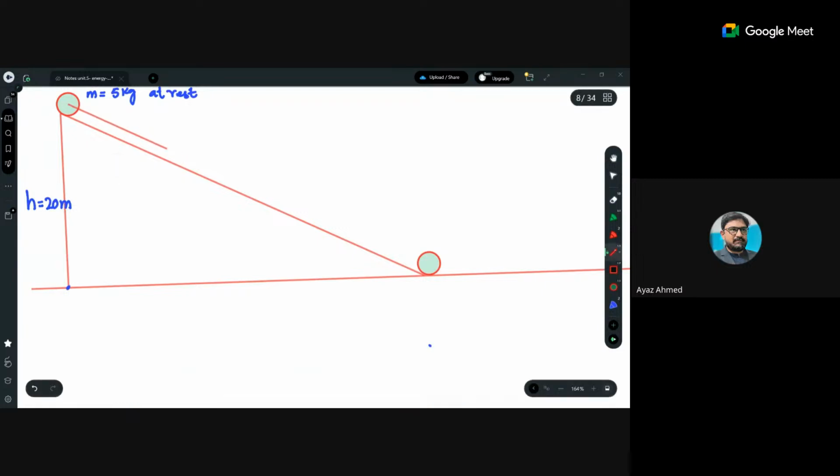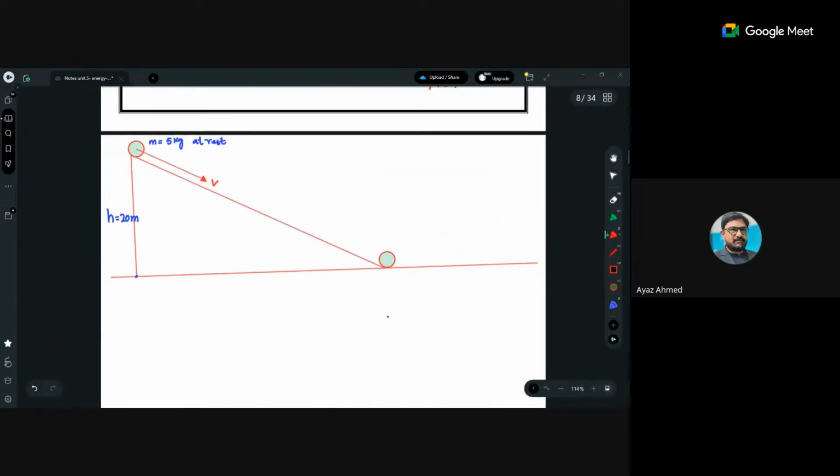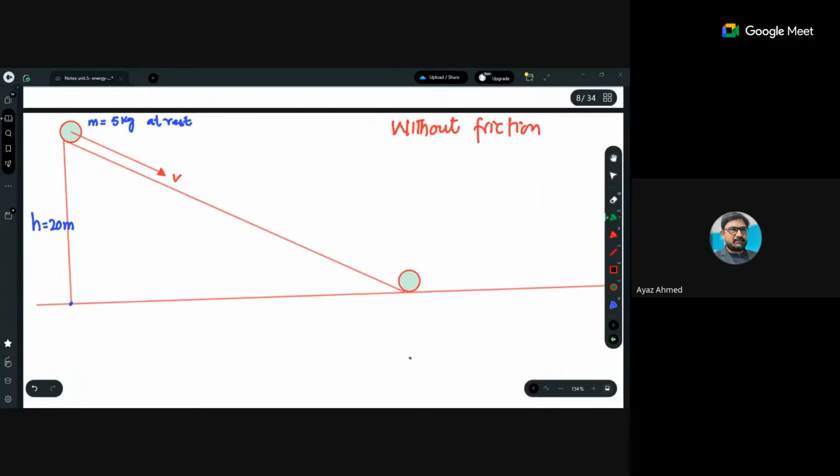So it is rolling down, and you can simply say that it has a certain velocity here. So here I will draw two circumstances. Without friction, no energy is lost as heat.